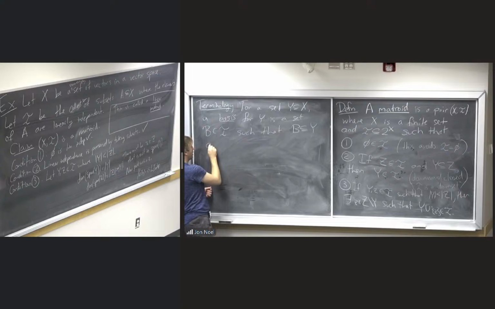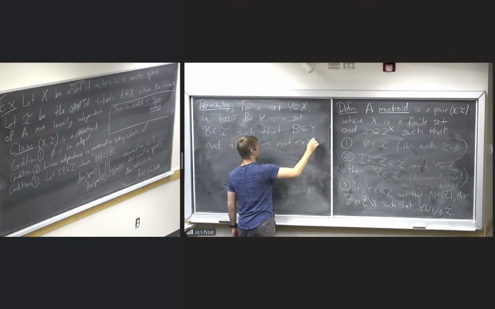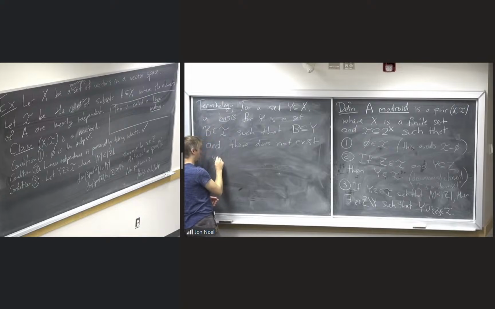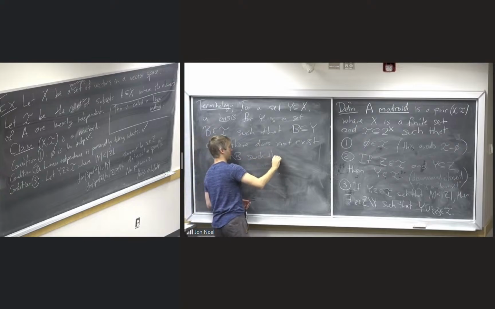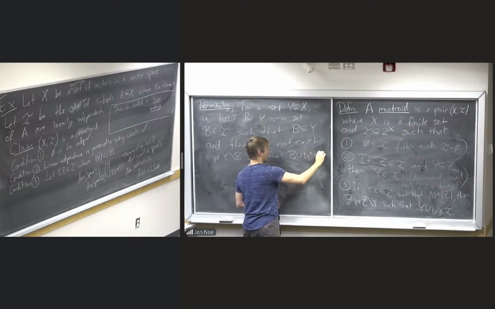So, there does not exist some little y in y minus B such that B union y is independent.